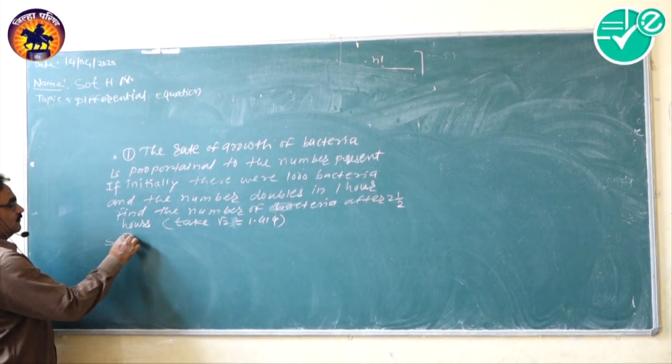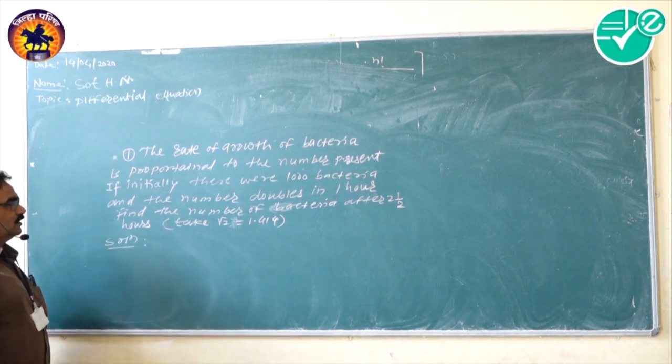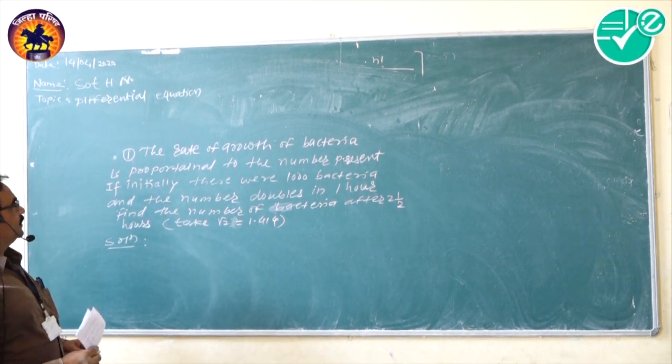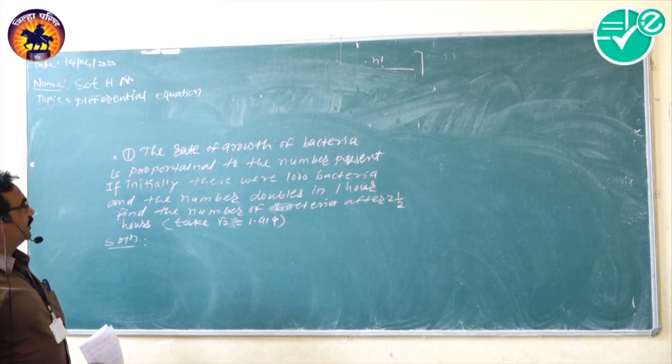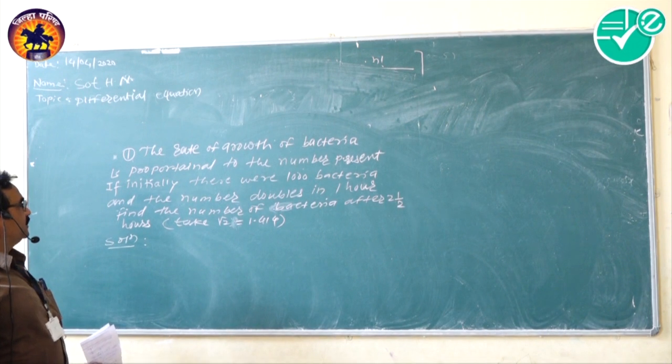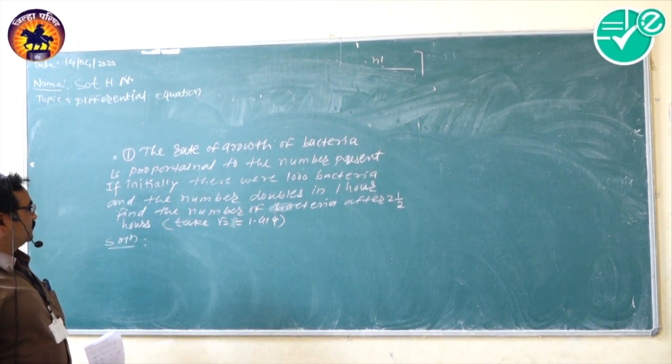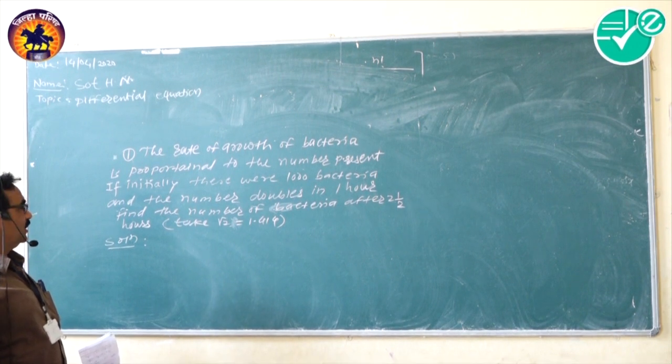Solution. We are given the problem that the rate of growth of bacteria is proportional to the number present. If initially there were 1000 bacteria and the number doubles in 1 hour, find the number of bacteria after 2.5 hours.